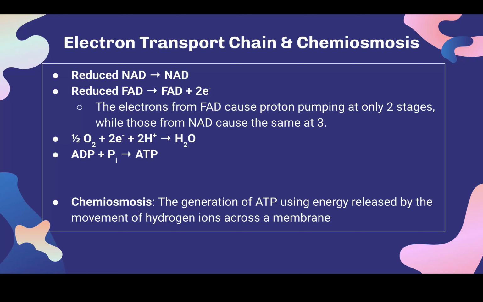So reduced NAD becomes NAD, which releases, I was wrong, sorry. NAD will only release hydrogen. It doesn't release one of the electrons. FAD is what releases both the electrons.